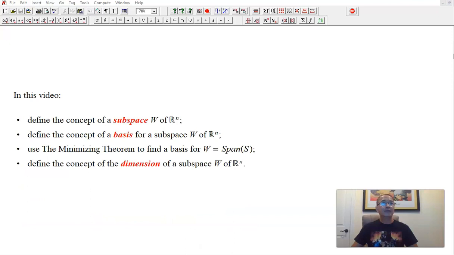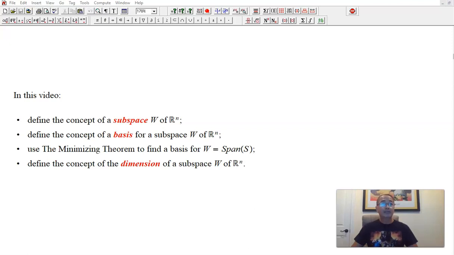So in this video, we will define the concept of a subspace W of Rn. We will define the concept of a basis for a subspace W. And we'll find out that the span of a set of vectors is actually one of the best examples for a subspace of Rn. We'll see more of that later.